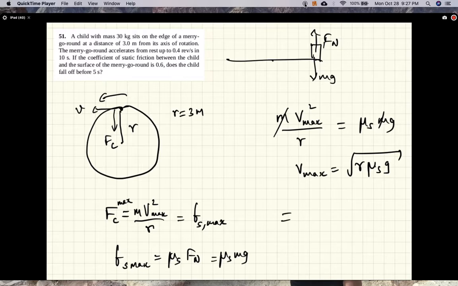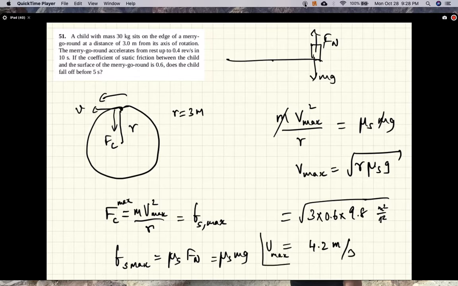So the maximum speed the child can go at before he or she slips is the square root of 3 meters times 0.6 times 9.8 meters per second squared, and this is equal to 4.2 meters per second. So that's the speed at which the child will slip.